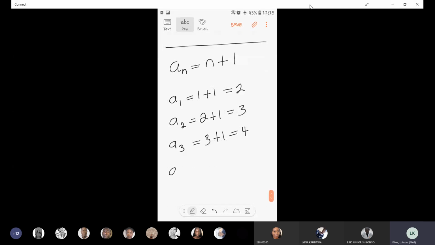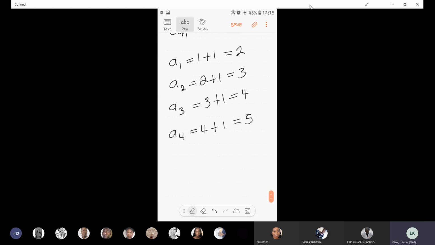And then a4 is 4 plus 1, which is 5. So the first 4 terms in this sequence will be 2, 3, 4, 5, and it continues in that manner.